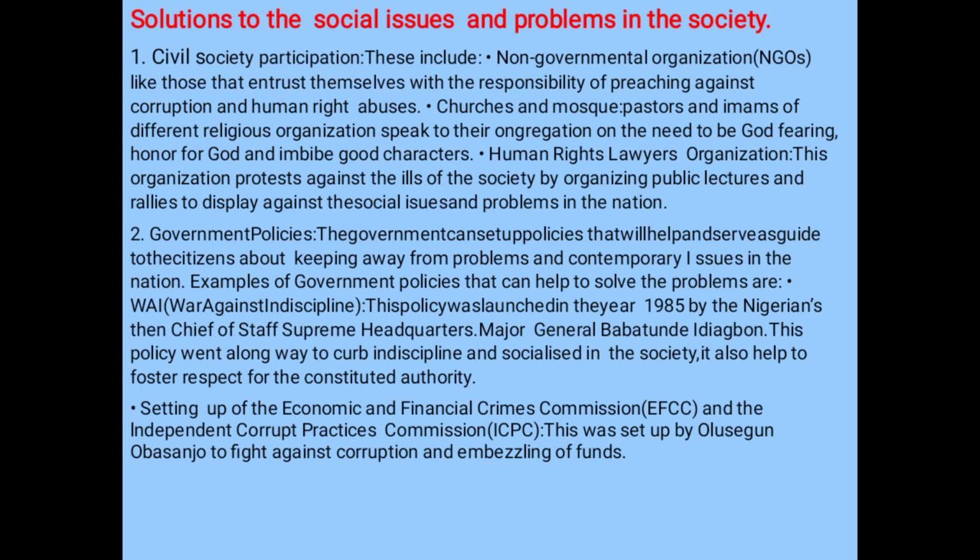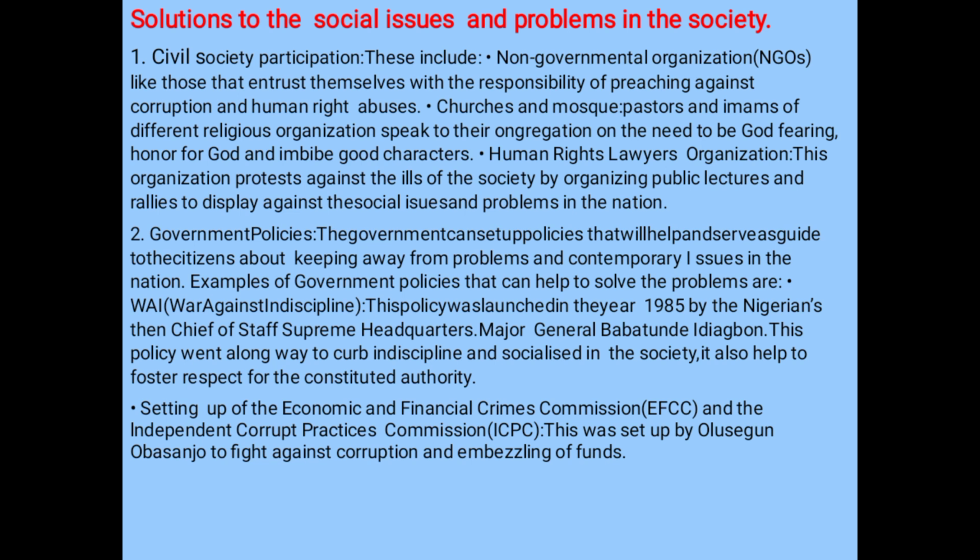This policy was launched in 1985 by the then Nigerian Chief of Staff, Supreme Headquarters, Major General Babatunde Idiagbon, and the policy went a long way to combat indiscipline and social vices in the society, and it also helped to foster respect for the constituted authority.